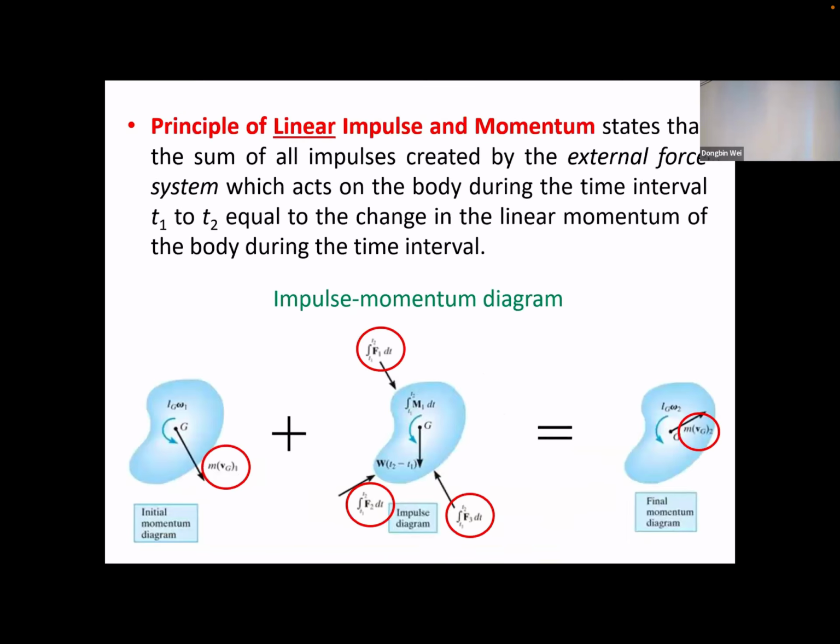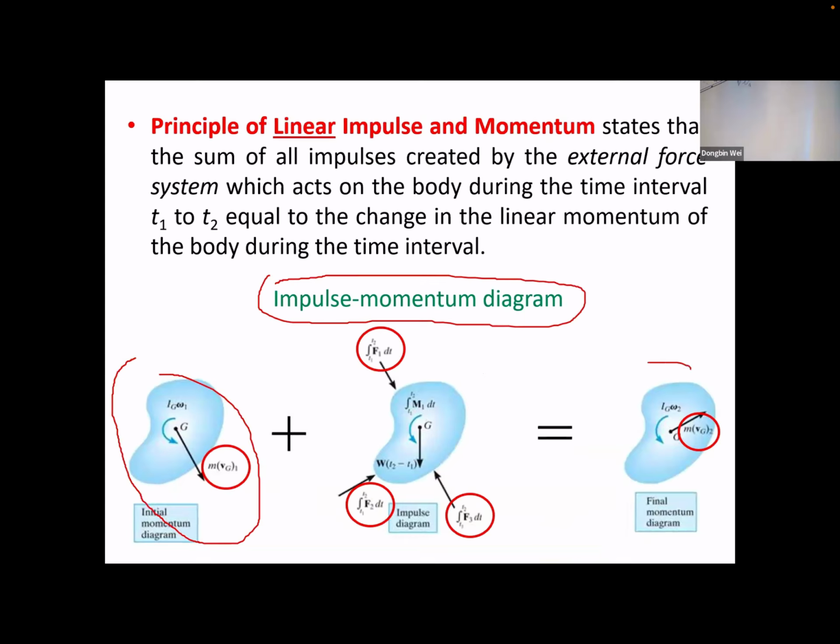So look at the diagram. Here I should introduce a diagram called the momentum diagram. In this diagram, you draw an initial momentum diagram and a final momentum diagram, and in the middle is the impulse diagram.